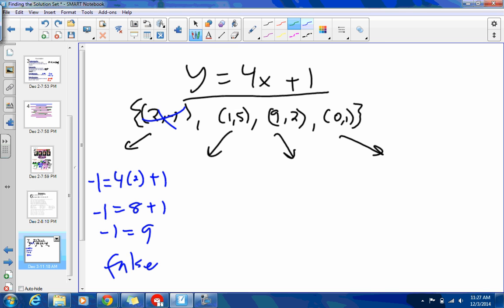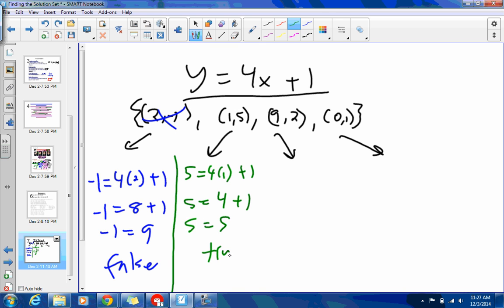Next one. We're plugging in y is going to be the 5, and the x is the 1. So 5 equals 4 times 1 plus 1. 5 equals 4 plus 1. 5 equals 5. True statement. So this one's good.